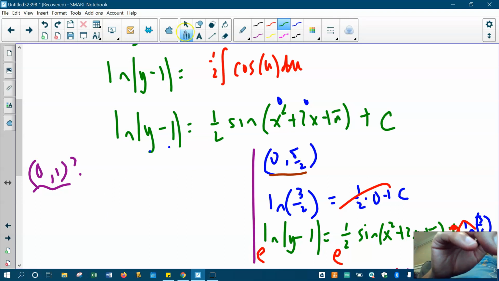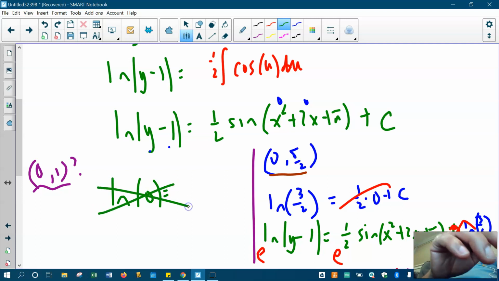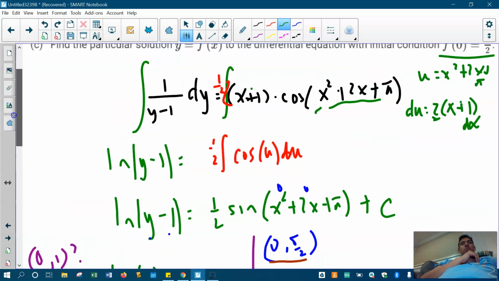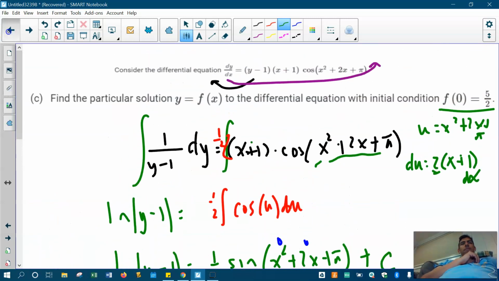Because 1 minus 1 is 0, I have the natural log of 0. But there is no natural log of 0. That means that this function does not exist at 0, 1. Let me think about that. I'm going to have to come back to that one later to see what's actually going on here, because that is pretty nifty-galifty.